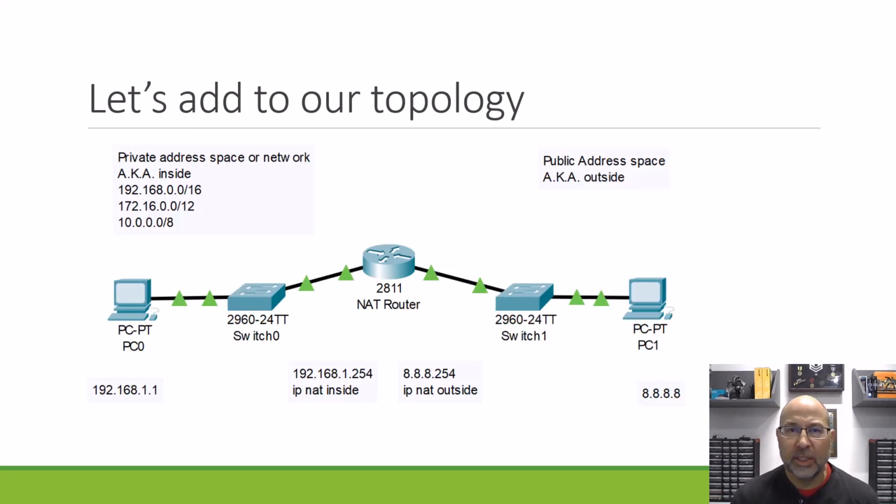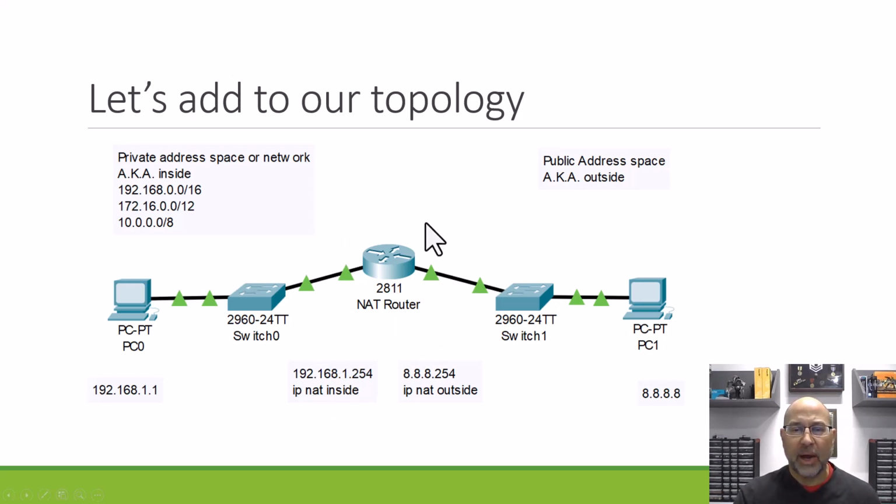So this was the topology that we previously worked with. Remember that we have our private address space on the inside. So we're defining the private address space as also the inside, and that's 192.168.1.0. That's our network there. And then we've got our default gateway for all of those nodes, and so that's 1.254.